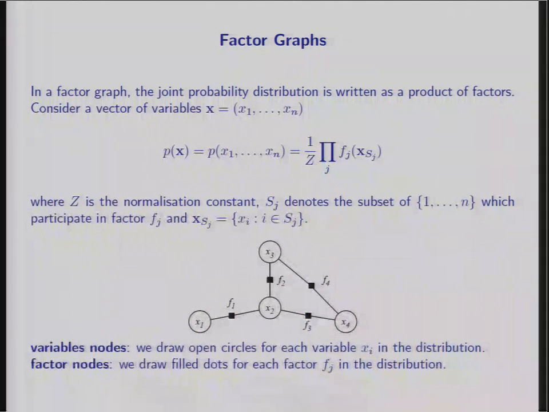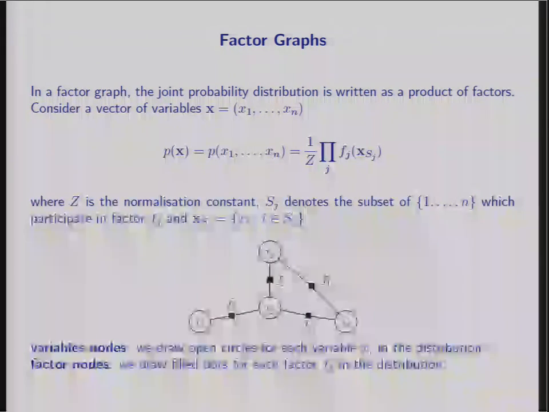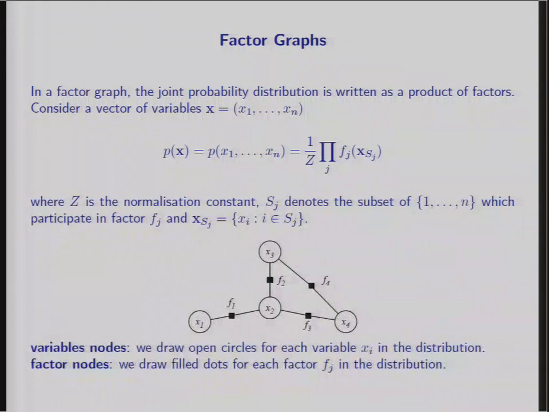Let's say the message from x2 to f3 is the product of the messages from f1 to x2 and the message from f2 to x2. Okay? We take an element-wise product of these vectors coming in, and we rescale or not if we want to, and we pass them on in the other direction. Super easy to implement. Okay?